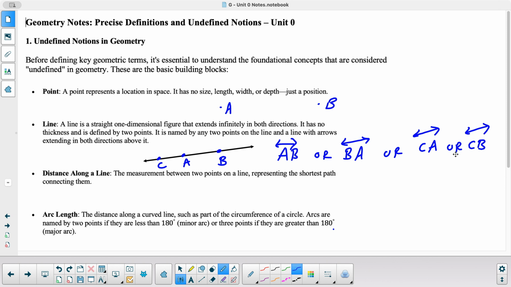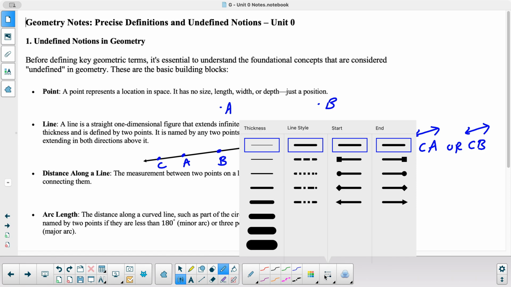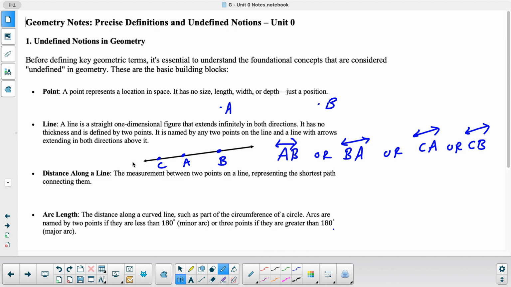Okay, anything like that. Any 2 points that are on the line all mean the same line. Now, the other thing that you will also see from time to time, sometimes they'll put a cursive letter on the left, like maybe a cursive L. We could call that line L also. When it's a cursive letter on the side, you can name it with just one letter. You don't need 2 points, okay?